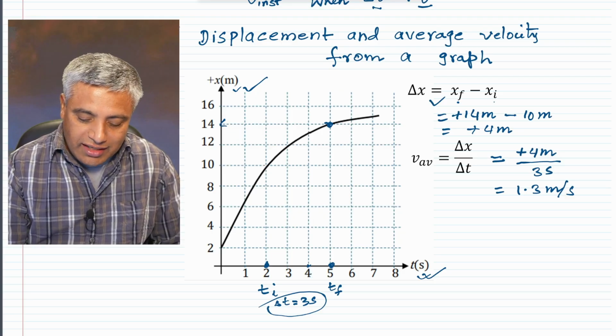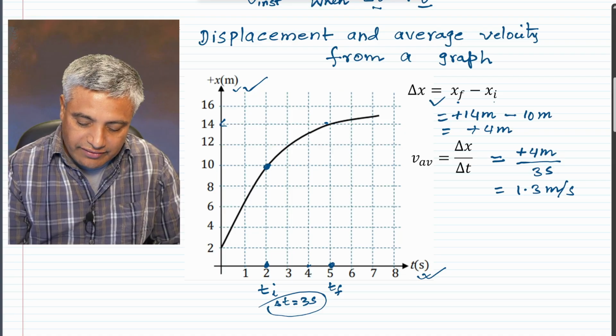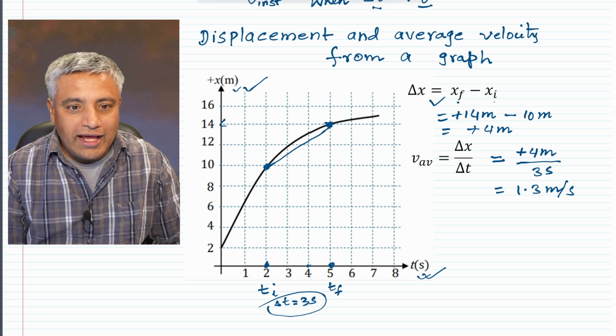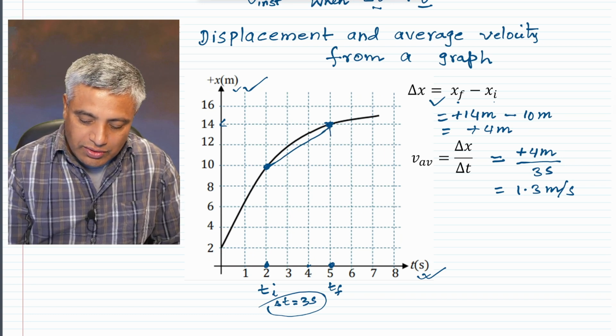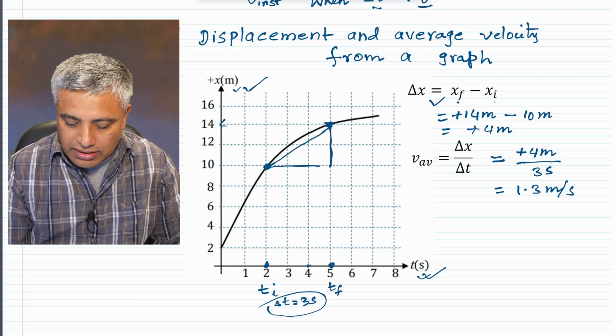We can connect these 2 points on the graph, our points of interest, by a straight line segment and find the slope of that. So for this, rise is this much and run is this much.